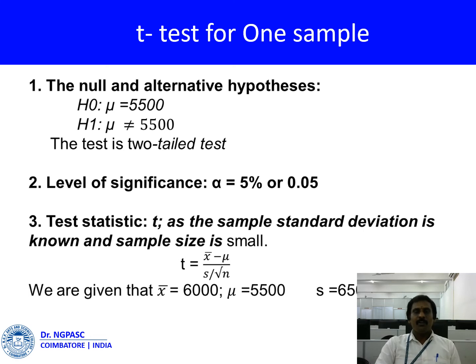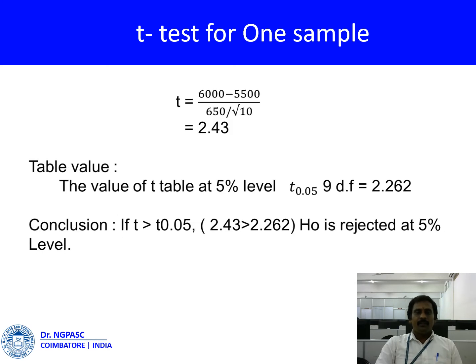T is equal to x bar minus mu divided by s by root n. We are given that x bar is equal to 6,000, mu is equal to 5,500 and s is equal to 650. Then the calculation: T is equal to 6,000 minus 5,500 divided by 650 divided by root 10. That is T is equal to 2.43. This is the calculated value, 2.43.